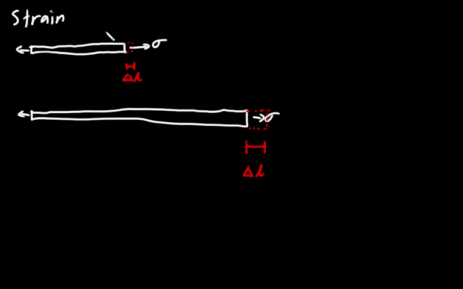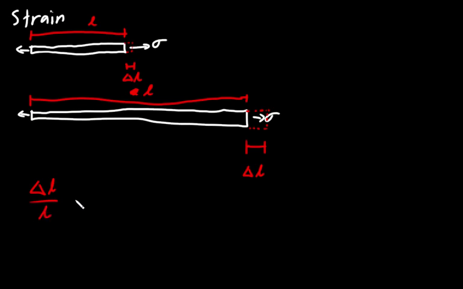But the thing that stays constant with this material is that, obviously these original lengths won't stay the same, but for the same stress, what you're going to experience is that the ratio between this change in length divided by the original length is going to stay the same.